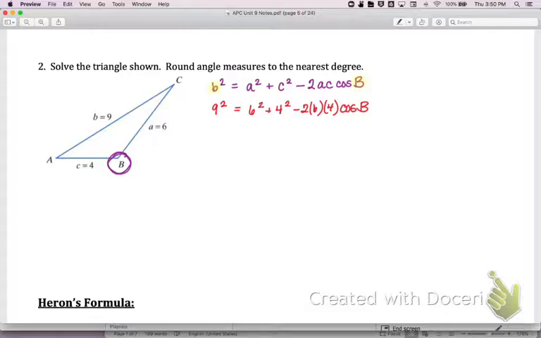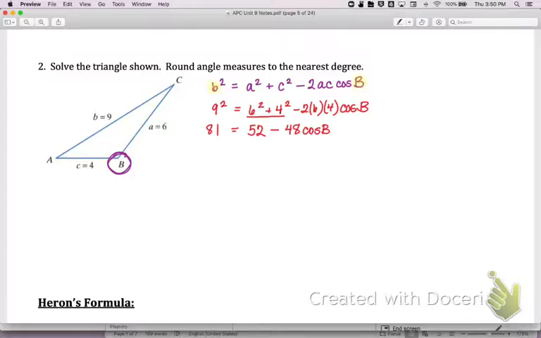So we have to do a little bit more prep work here because we need to solve for cosine of B. So we get 81 equals, these are like terms, so those we can combine. 6 squared is 36 plus 16, so that's going to be 52. And then we get minus 2 times 6 times 4 is going to be 48 cosine B.